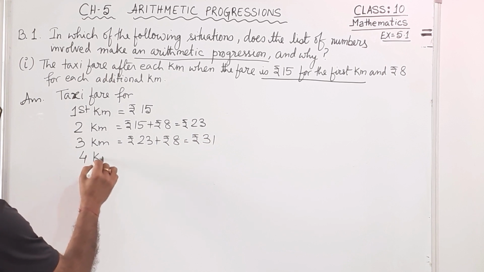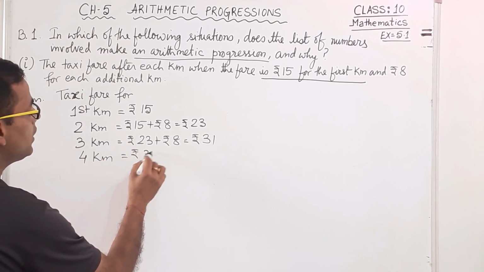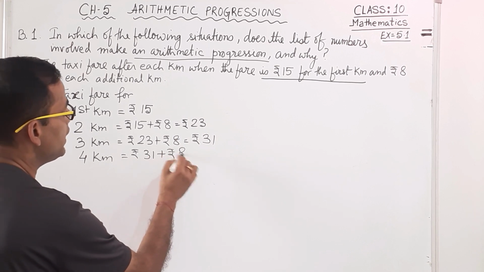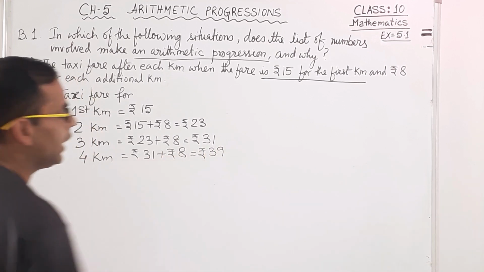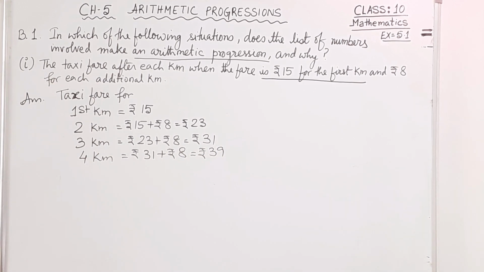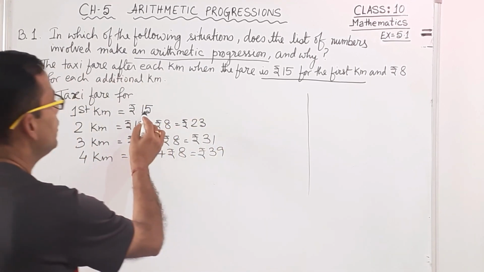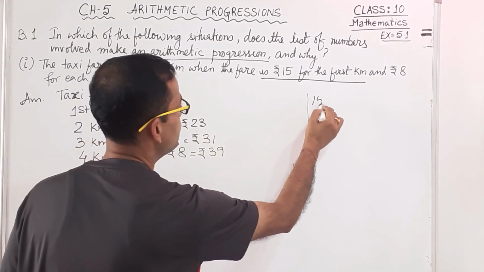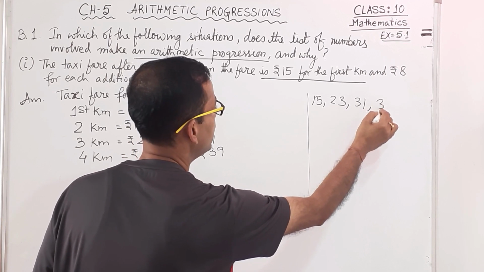Then 4 kilometers, it will be rupees 31 plus rupees 8. So how much is it? Rupees 39. Now we have to say whether it is an AP or not. You see here, 15, 23, 31, 39.